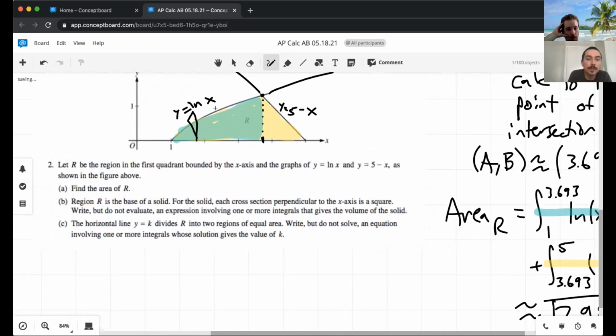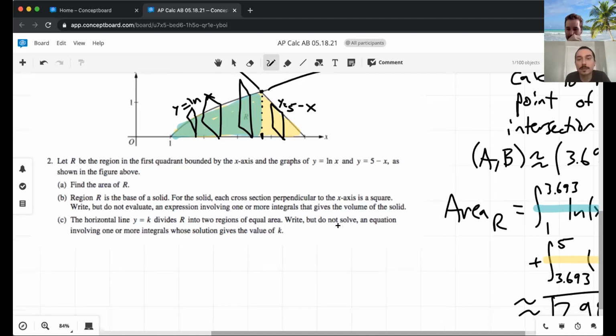I hope you can see what I'm getting at. Pretend those are squares. I'm trying to show the height a little bit.